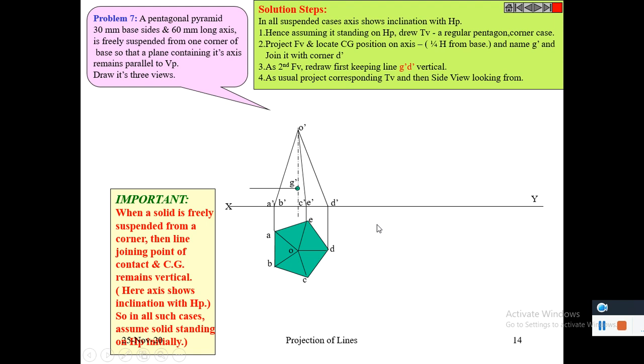Center of gravity is at a distance of h by 4. So it is hanging on this point D dash. It is reproduced there. D dash, G dash is drawn. And it is reproduced.